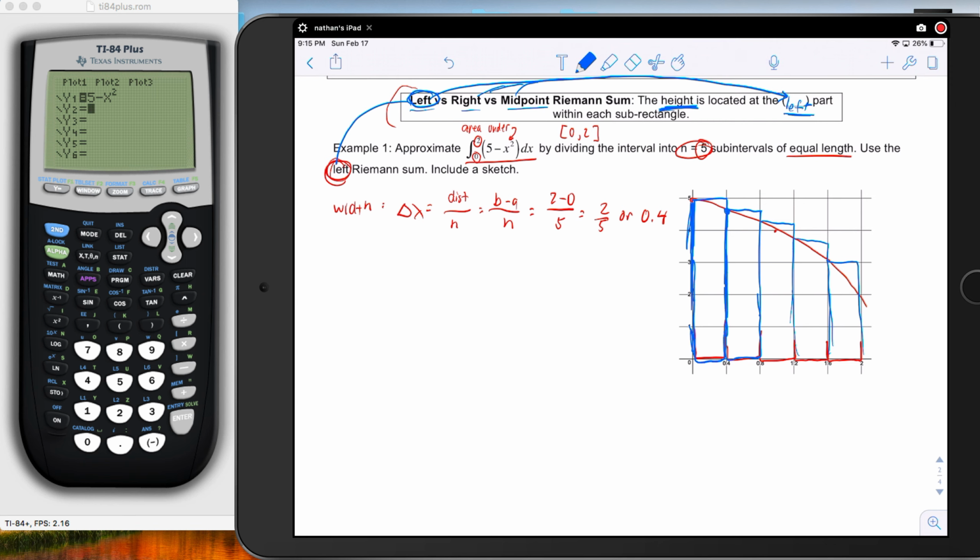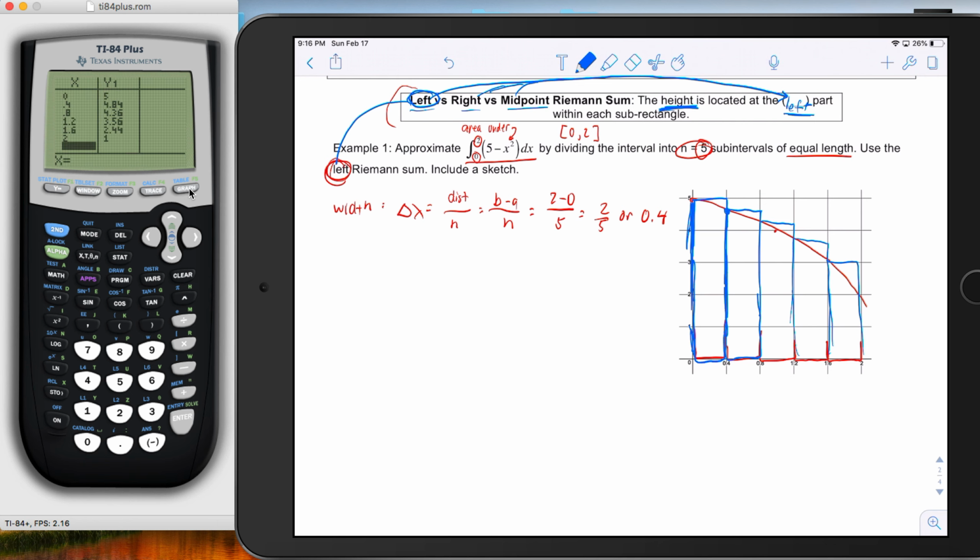So instead, I have a graphing calculator here where I plugged in my function, 5 minus x squared. If you plug numbers into your table, oh hey, I've already done it, so that's nice. So there are the heights between 0 and 2, all 0.4 apart. Let's calculate what this is going to be.